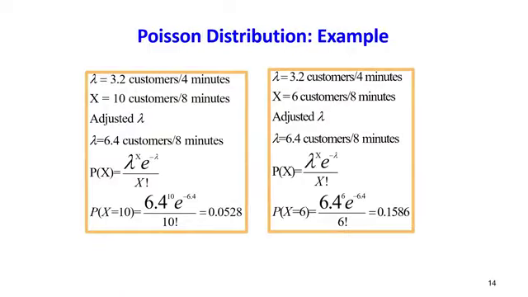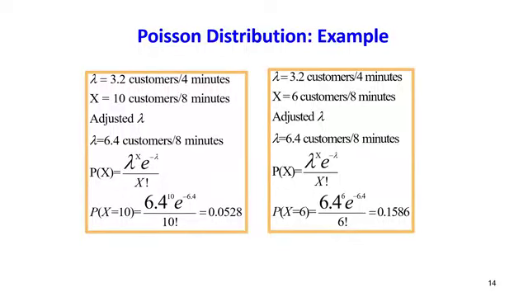For example, if I want to calculate the probability of a certain number of events occurring in a particular duration of time or period, then I can use this Poisson distribution. So for example, I have some high-level idea that there could be 3 or 4 customers per 4 minutes who will enter my store.